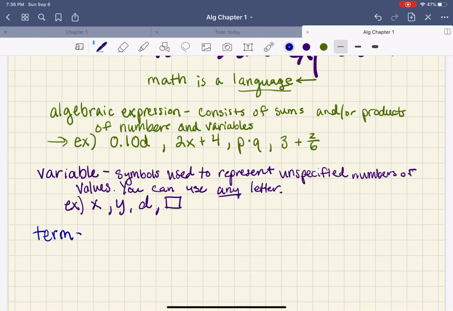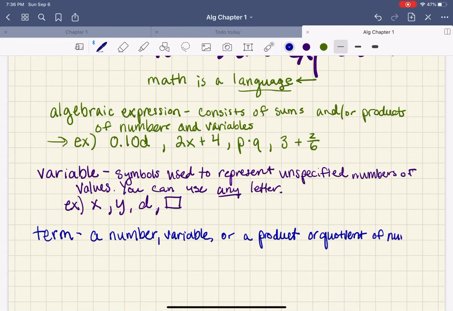A term, I'm going to give you the definition first this time, is a number, variable, or a product or quotient of numbers and variables in an expression.